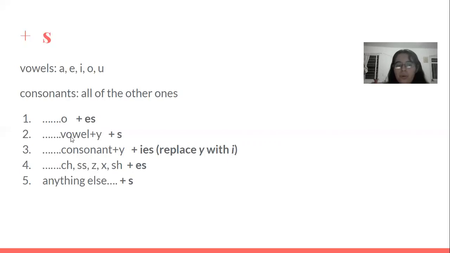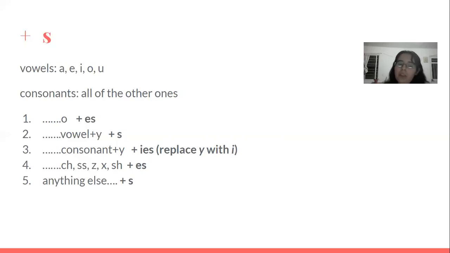The second rule, when the verb ends in a vowel and a Y, a vowel before the Y, we add S. When it ends in a consonant and then a Y, we erase the Y and replace it with I. We change the Y to I and then add ES.